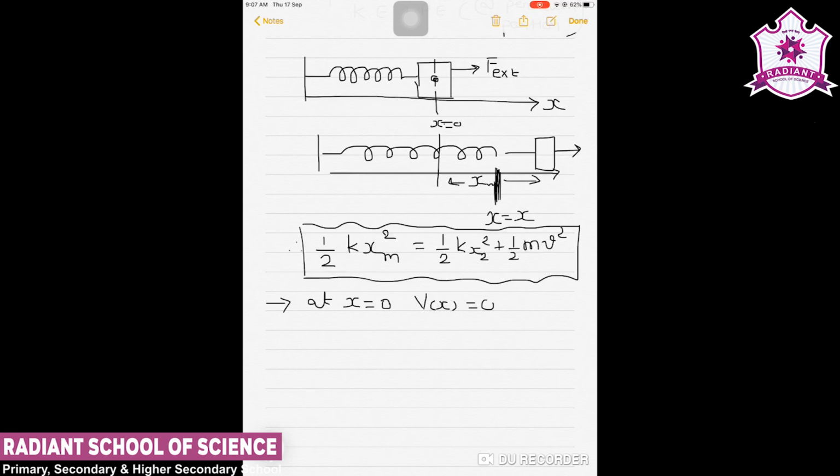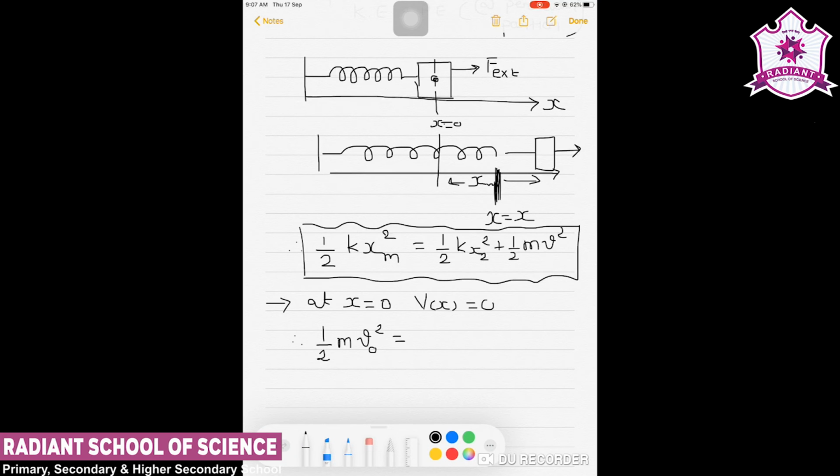Then the total potential energy will be equal to the kinetic energy of the spring system. So at that point the kinetic energy will be maximum.